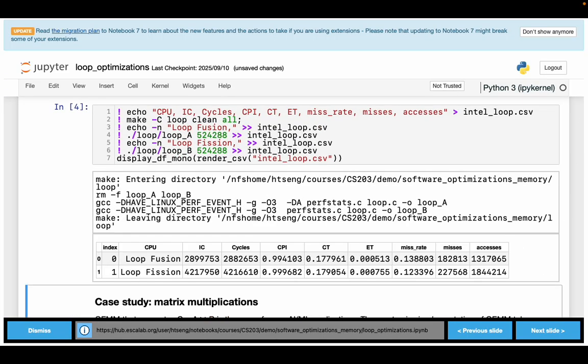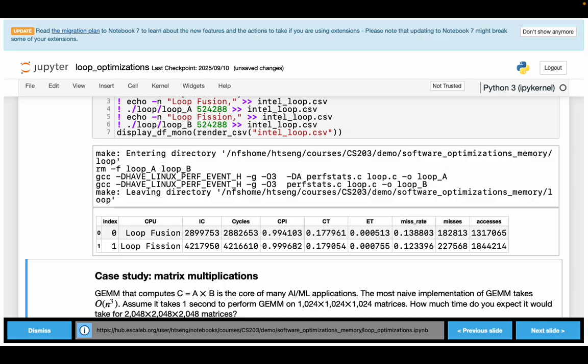If I run this on Intel processors, look, if I do loop fusion, the instruction count is significantly lower than loop fission because I have just one single loop, fewer control overhead, and also fewer memory accesses. The number of memory accesses on top is this, and for loop fission it is this.